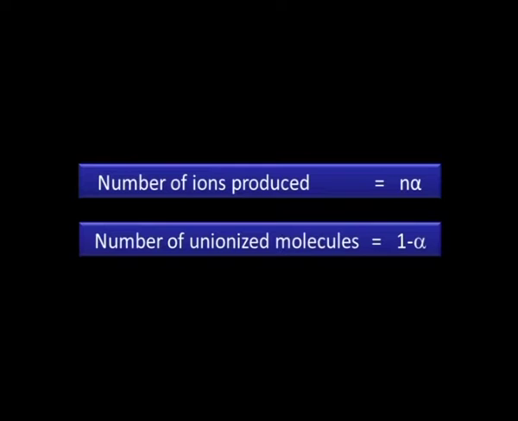Now, first we are taking dissociation. Suppose we are taking one molecule of A_n, which on dissociation gives n molecules of A. Hence, the number of ions produced will be equal to n alpha, where alpha is the degree of dissociation of the solute. The number of unionized molecules will be equal to 1 minus alpha.